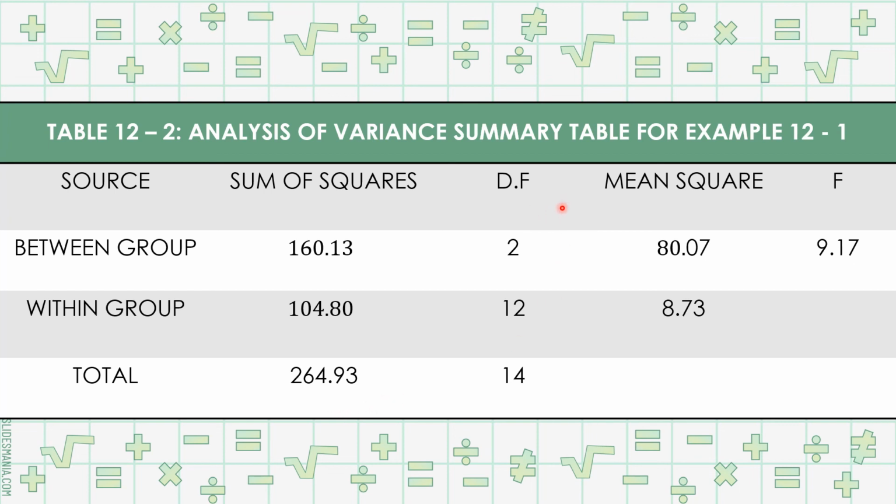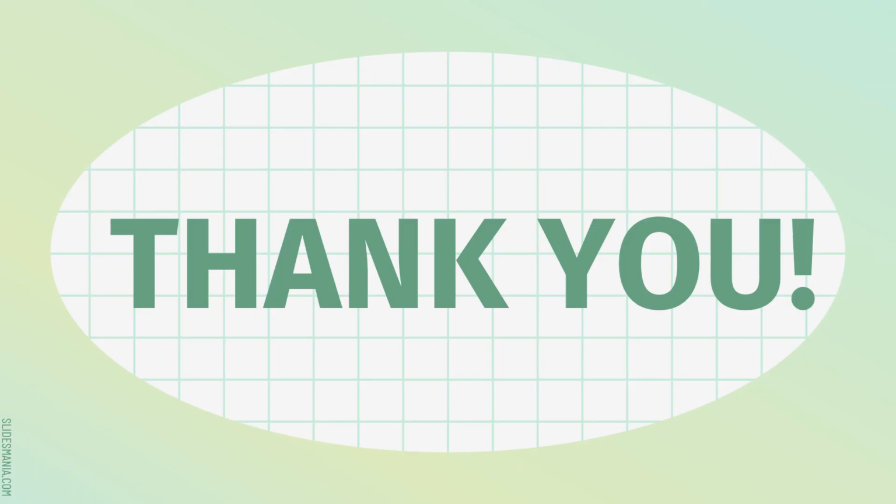The degrees of freedom between group is equal to 2, and the degrees of freedom within group is equal to 12, and by adding we have 14. The mean square between group is equal to 80.07, and the mean square within group is equal to 8.73, and by dividing this, we arrive at an F-test value, which is equal to 9.17.